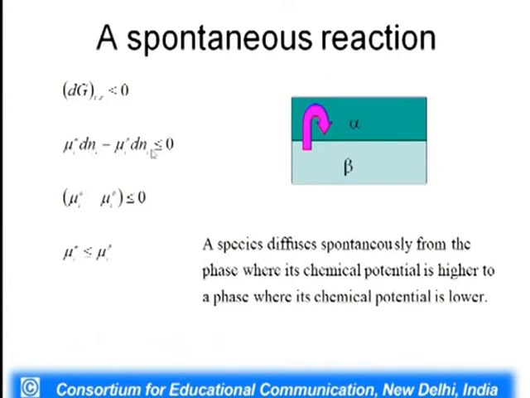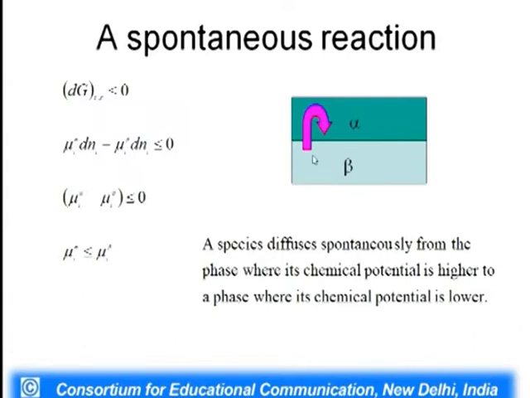Now, you can take dn_i as common, and since dn_i is not equal to 0, we can simply write mu_i^alpha minus mu_i^beta is less than or equal to 0, and so mu_i^alpha is less than or equal to mu_i^beta.